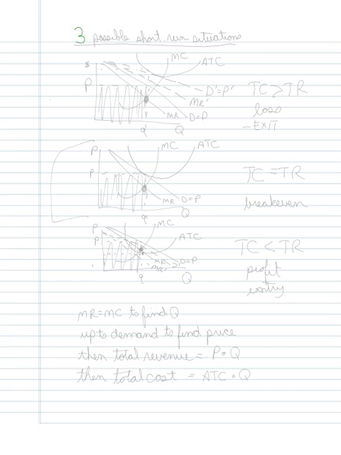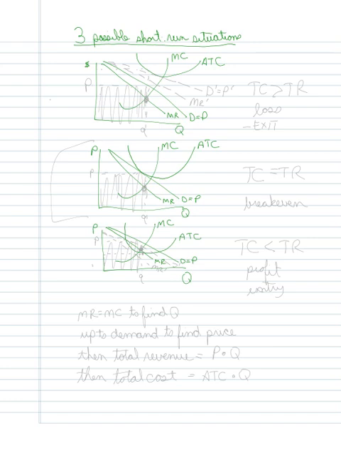So in these three possible short-run situations, I could either have my average total cost curve here, I could have it here, or I could have it here.